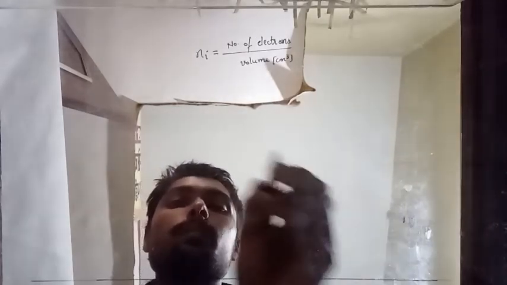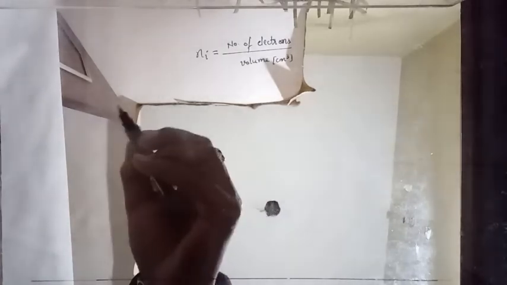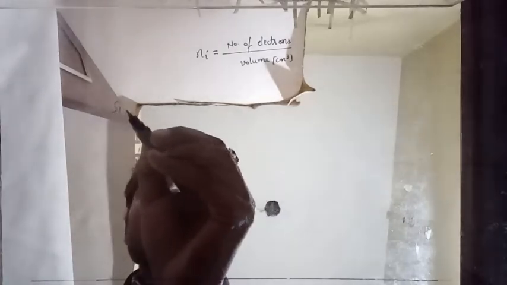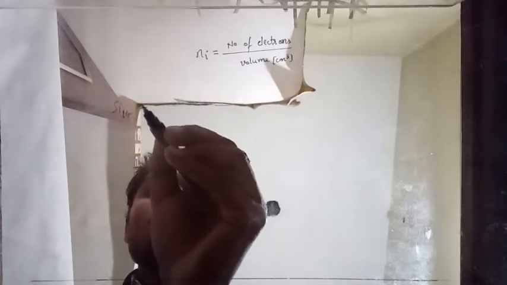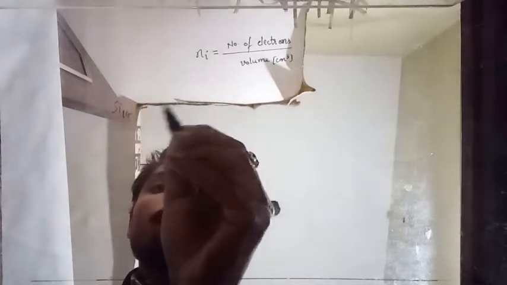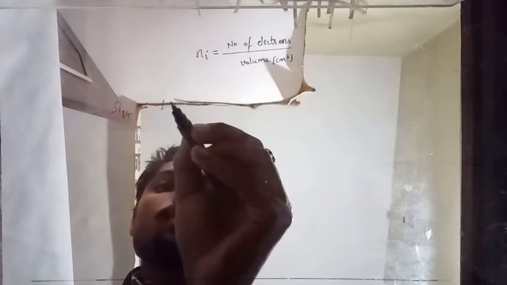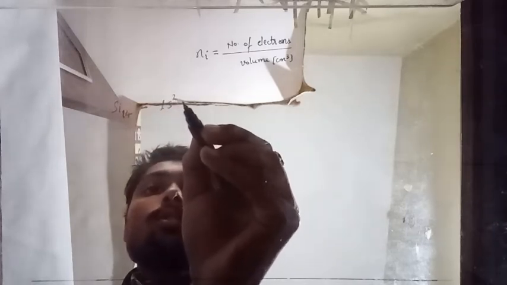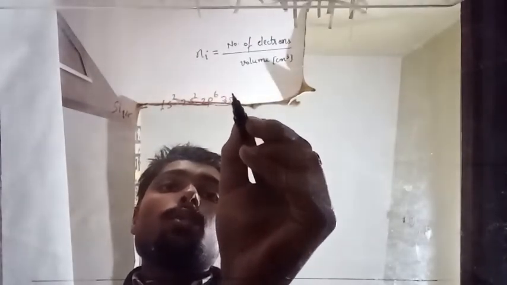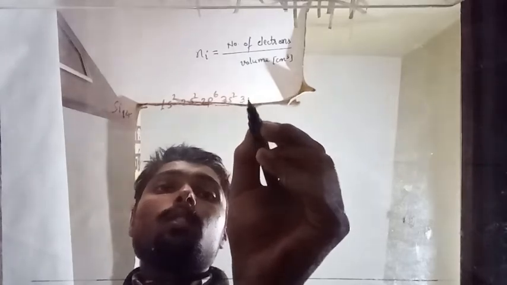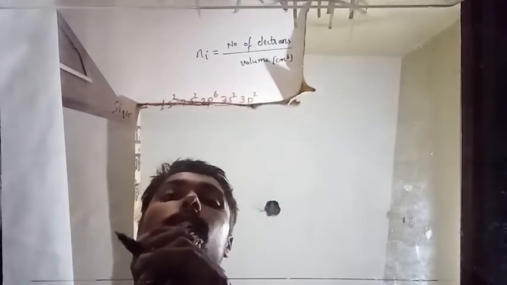So starting from the first, we all know that the atomic number of a silicon atom is 14. When you write its configuration, you will find that 1s2, 2s2, 2p6, 3s2 and 3p2, right?